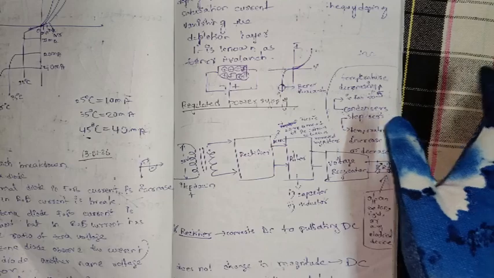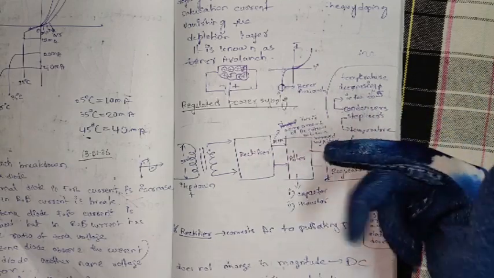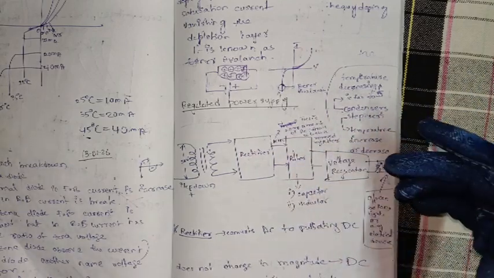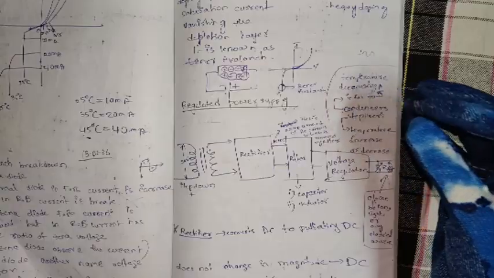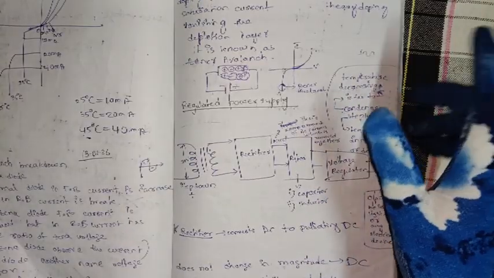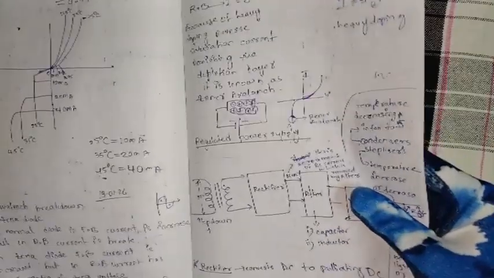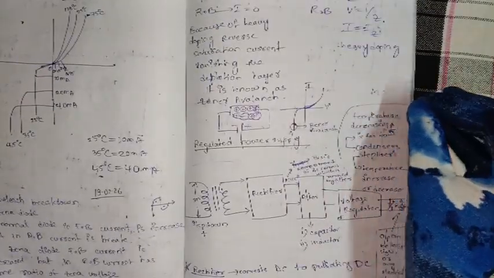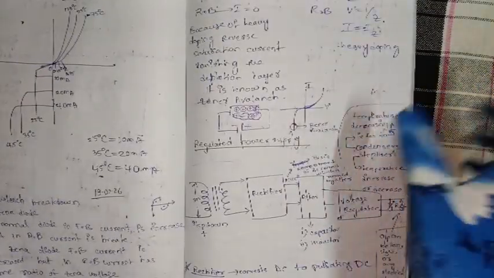Here the filter is of two types, capacitor and inductor. In this video we only discuss the capacitor, because the question is about the full wave rectifier with capacitor filter.